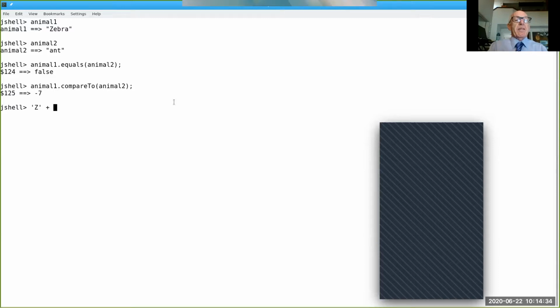Why? Because capital Z is 90 and lowercase a is 97. So capital zebra sorts before lowercase ant. Capitalization really does matter when you're doing a comparison.